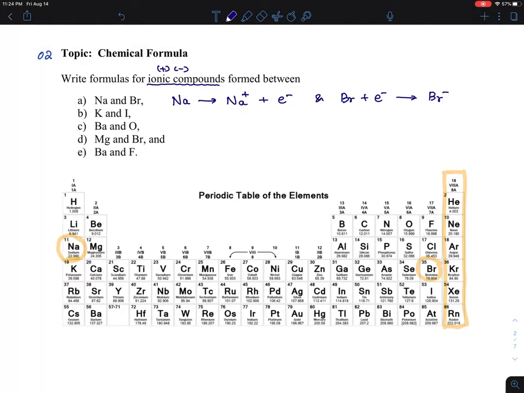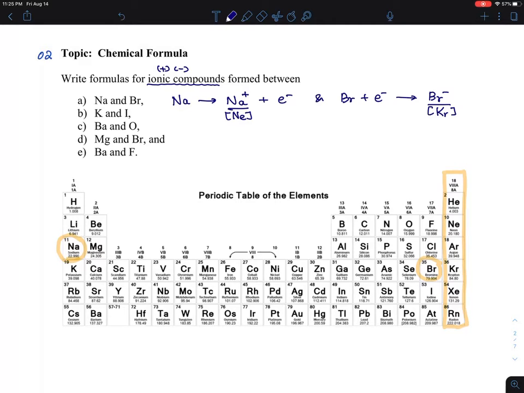And it is a win-win situation. By losing an electron, sodium plus has the same electron configuration as neon. Bromine, by having one extra electron, has the same electron configuration as krypton.